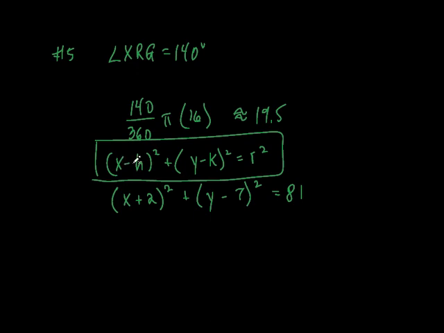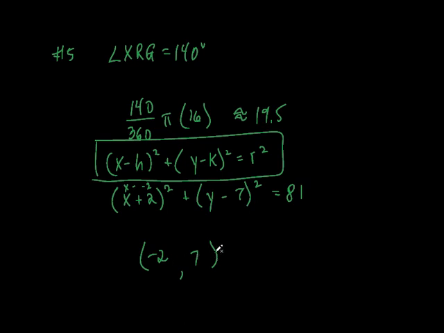It's x minus whatever the h is, because the center is (h, k). So what am I subtracting from x? I'm subtracting a -2. It's x minus -2, so the center's x-coordinate is -2. What am I subtracting from the y? Just a 7. So it's -2, 7.